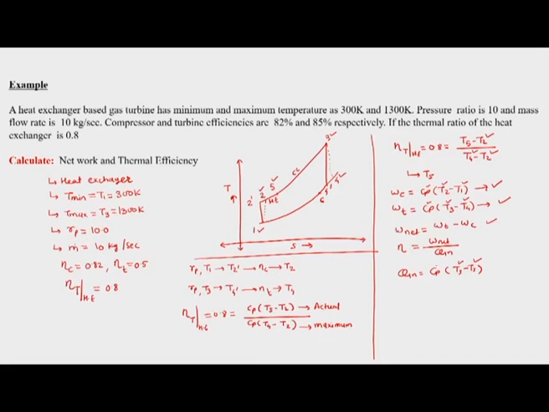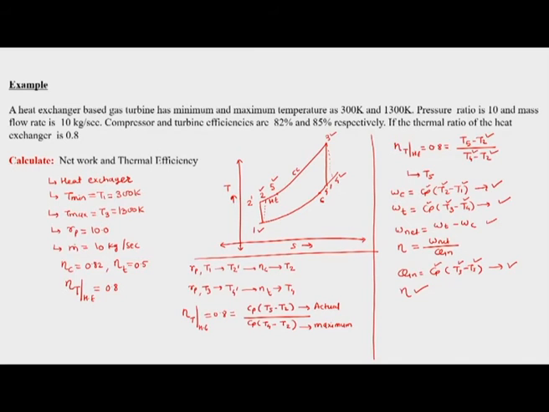So we know T5, we know T3, we know Cp, so we know Q in. Putting in the Q in, we know the efficiency of the thermal power plant. Basically, with or without the heat exchanger, net work would not have got altered. What has got altered is Q in. Since Q in has decreased, efficiency would increase. So this is how we have to solve the examples with the components being non-ideal.